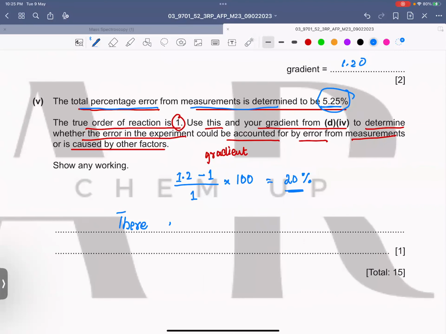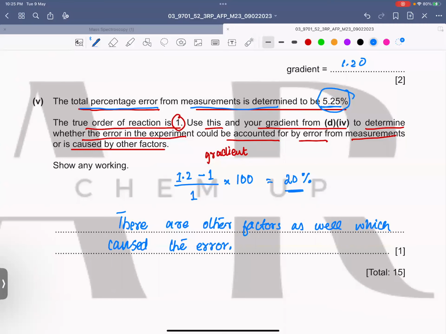So I can write that there are other factors as well which caused the error.